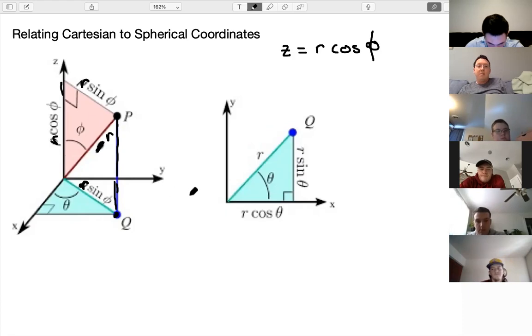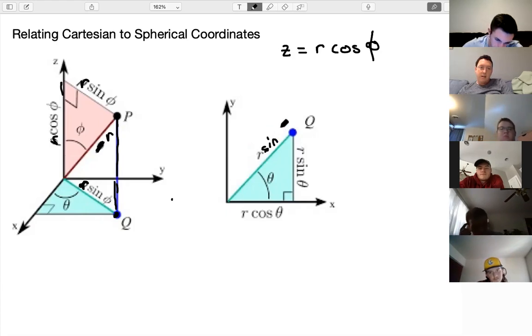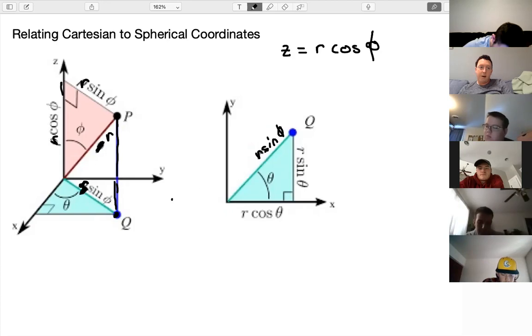In this image I found through the magic of Google, they've just drawn the shadow in the XY plane. So now the radius here should be R sine phi. That's the hypotenuse that I have here, R sine phi, and then cross their thing out.